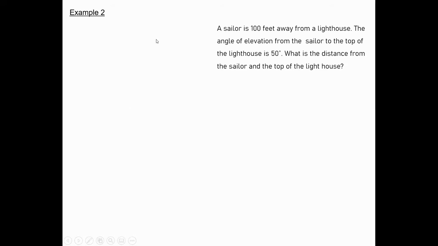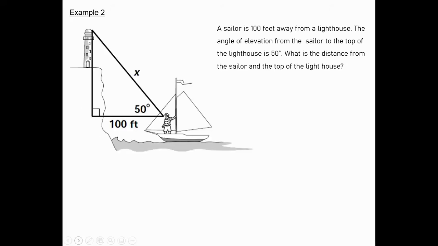So my next question: a sailor is 100 feet away from a lighthouse. The angle of elevation from the sailor to the top of the lighthouse is 50 degrees. What is the distance from the sailor to the top of the lighthouse? Ms. Knowles likes to start with a drawing, and that's always best, so we can understand what we're saying.